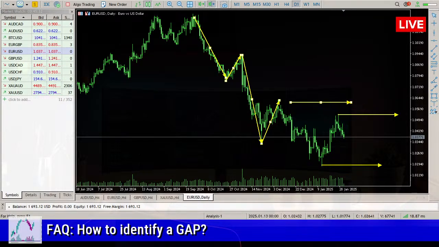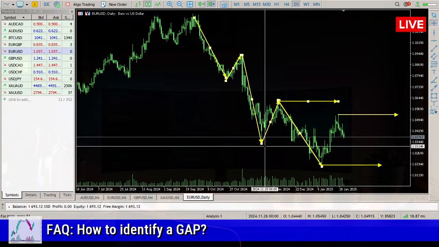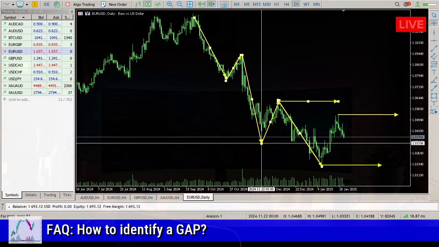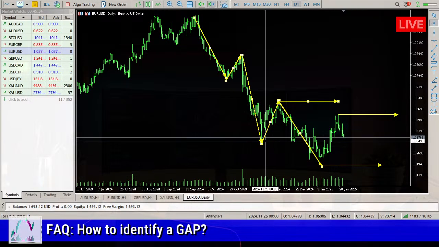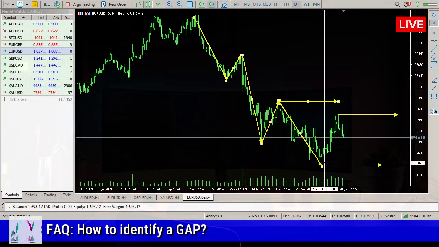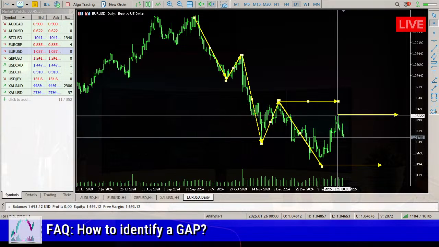So it should be this one. When we look at the movement, the previous low is this one. Next, this one is the new high.